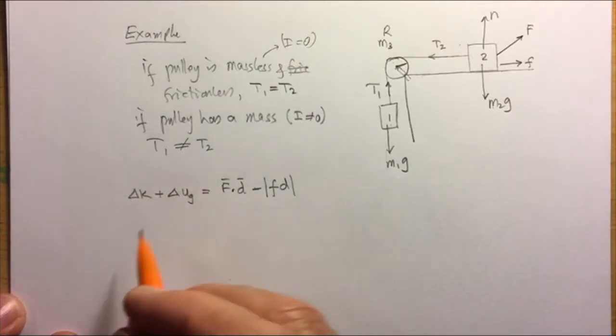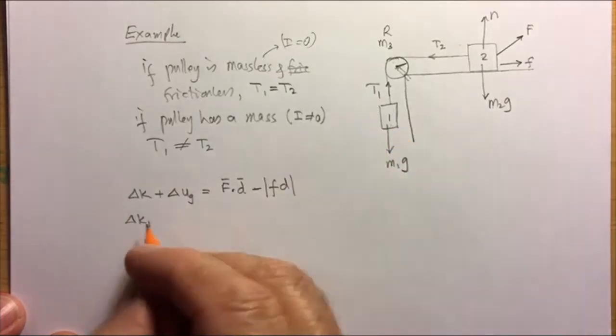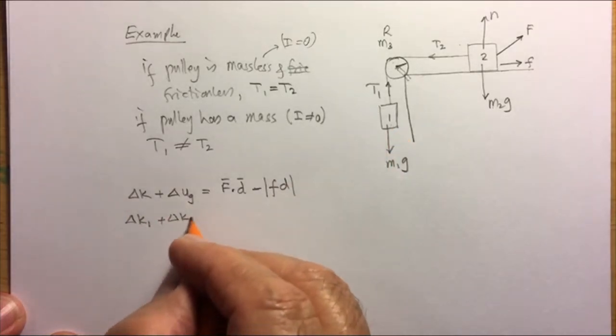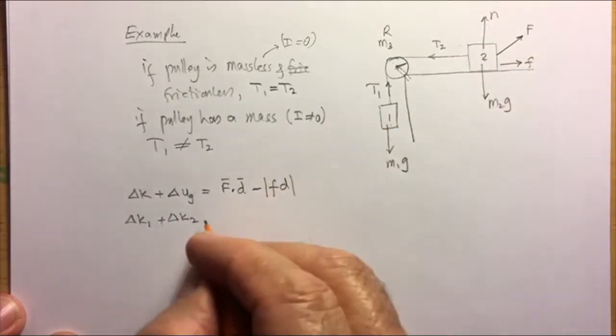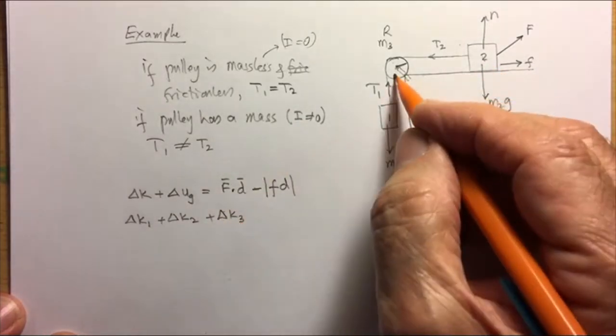Now the change in kinetic energy will be the delta K of object 1 plus delta K of object 2 plus the delta K of object 3, which is the pulley.